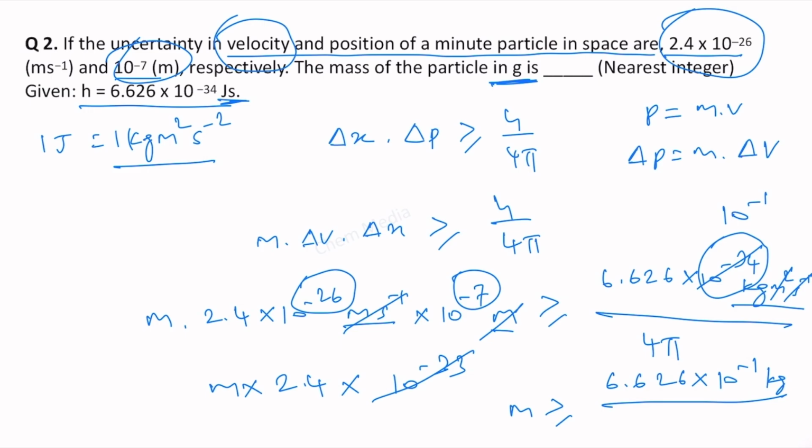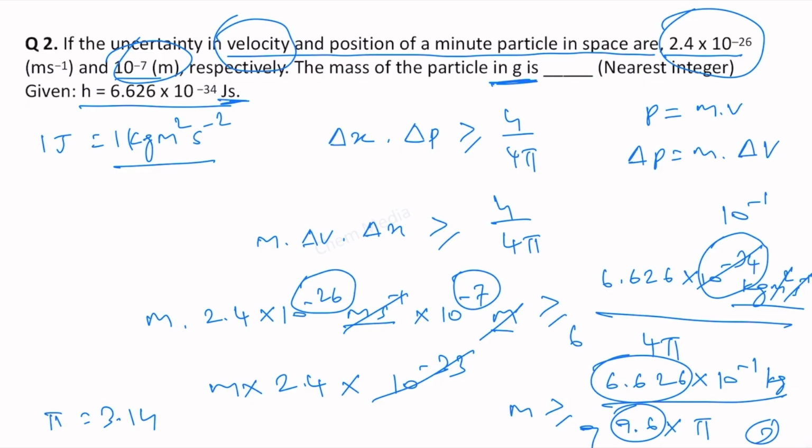4 times 2.4 is 9.6. So, 9.6 times pi. Now, pi value is 3.14. So, let us take the pi value as approximately 3 and this one approximately as 9 and this one approximately as 6.